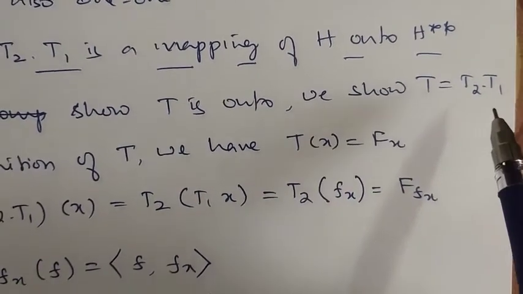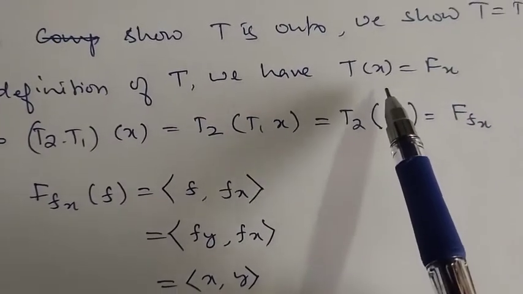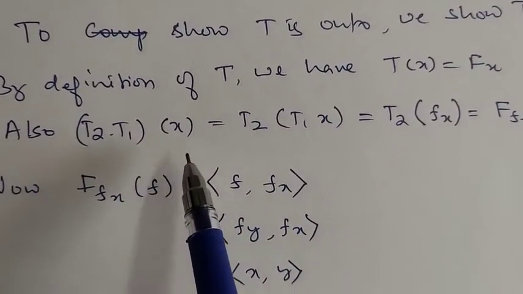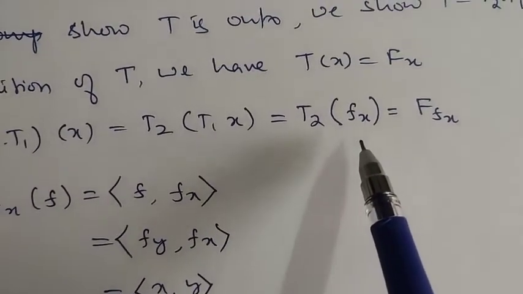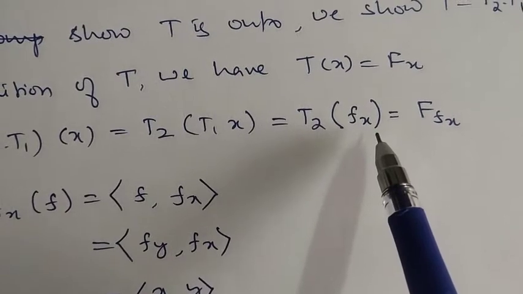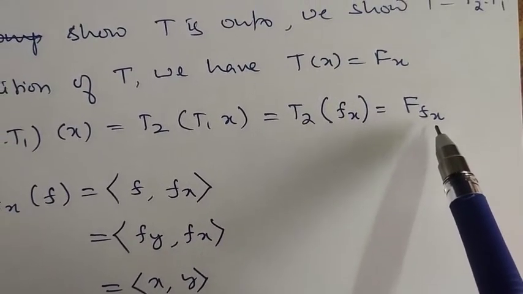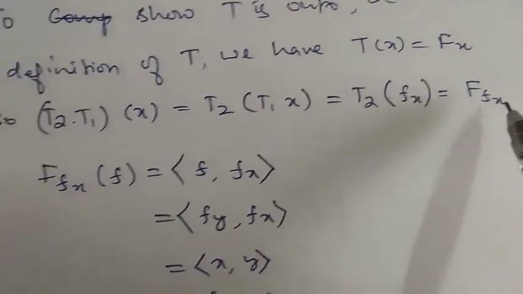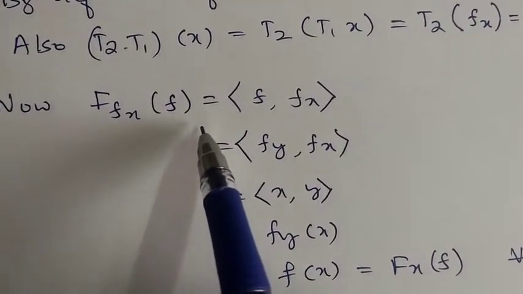By definition of T, we have T of x is equal to Fx. Also, T2 into T1 of x is T2 of T1 of x, which is T2 of fx, which is F of fx. So we need to show that these two are the same.